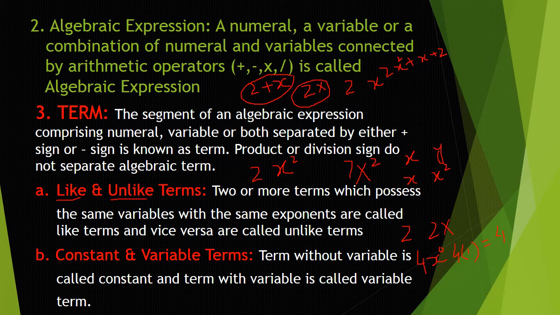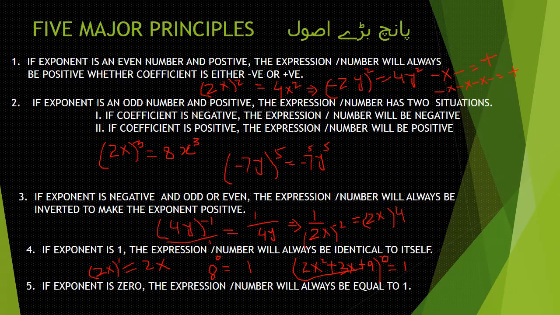Now coming to the next slide, here I have described 5 principles about the algebraic expression and its exponent. Now I am telling you about the first rule. If the exponent is an even number and positive, the expression will always be positive whether the coefficient is negative or positive.